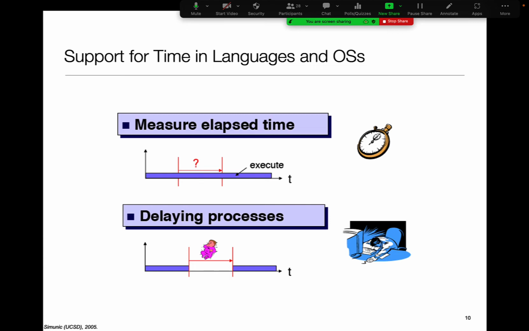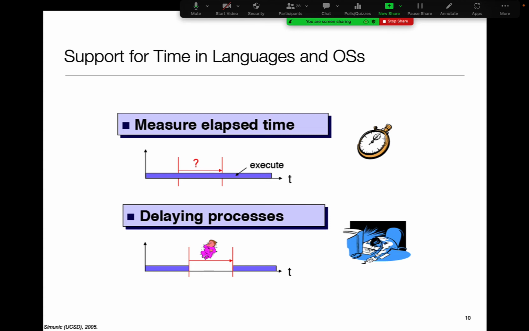Like you can say every Tuesday, or every alternate Tuesday at 11 a.m., do this, and then you specify a command, and the system will do it. It's often used for background cleanup tasks like file backups, but you can imagine doing other things. So in operating systems, you do have this ability of scheduling things to happen at a certain absolute time.